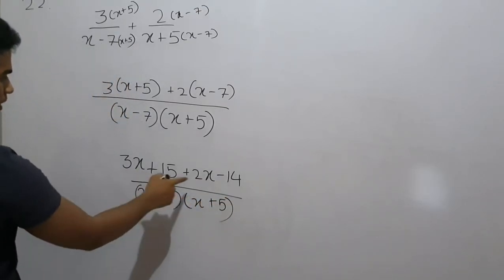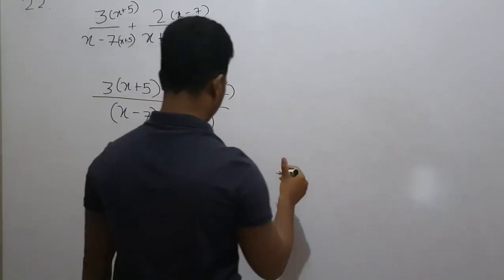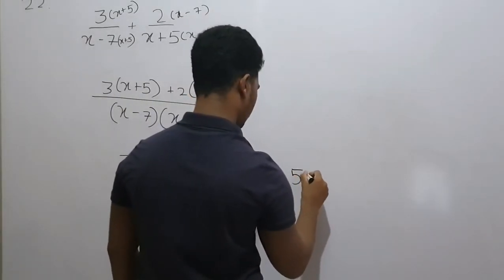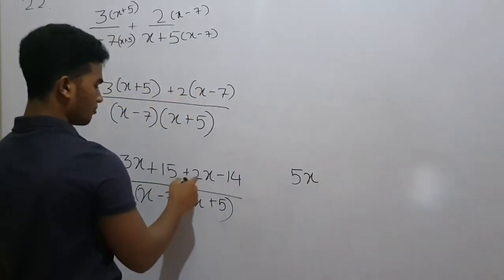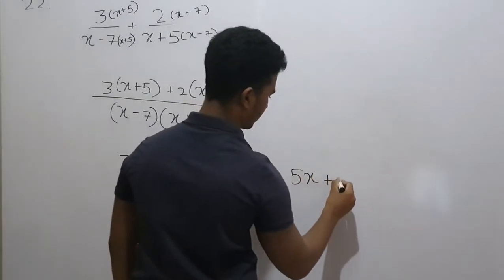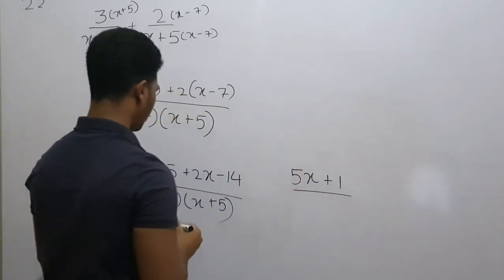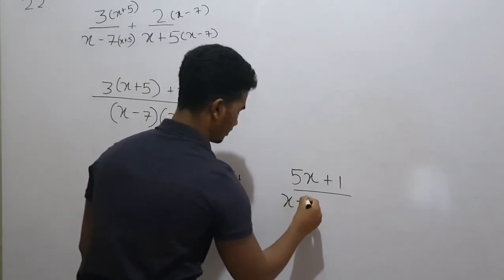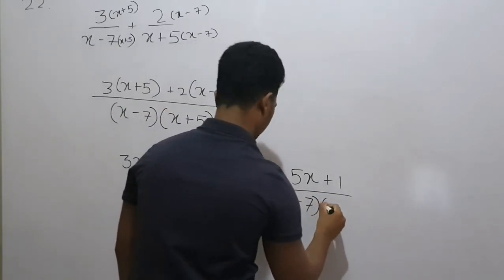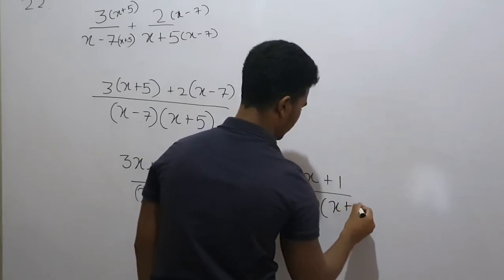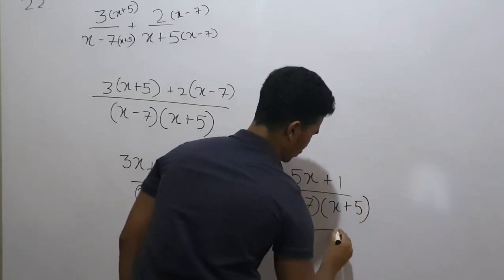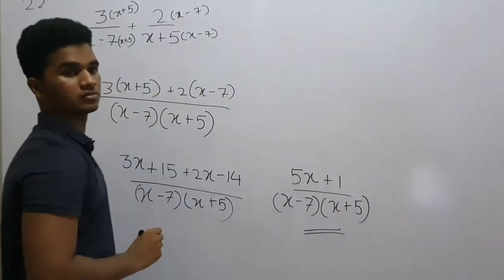So 3x plus 2x is 5x. 15 minus 14 is plus 1. Whole thing divided by x minus 7 brackets x plus 5.